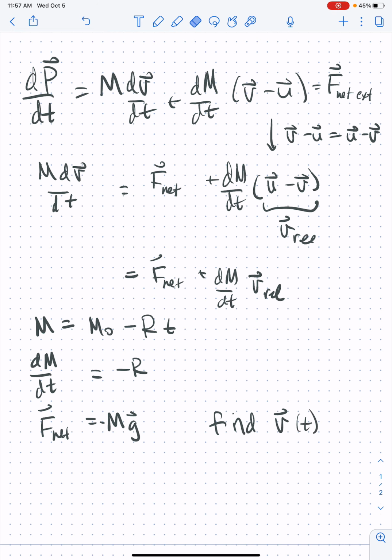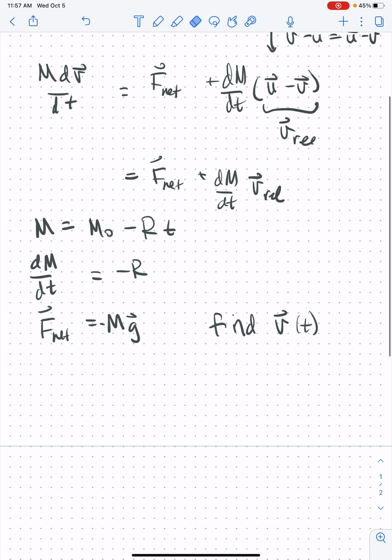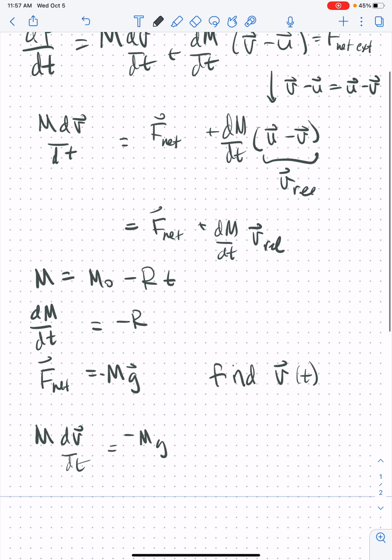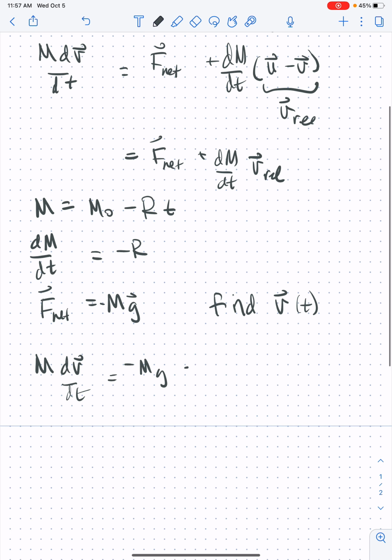So we're going to substitute things in up above. We would find that m dv/dt is negative mg minus r times the relative velocity. Okay.